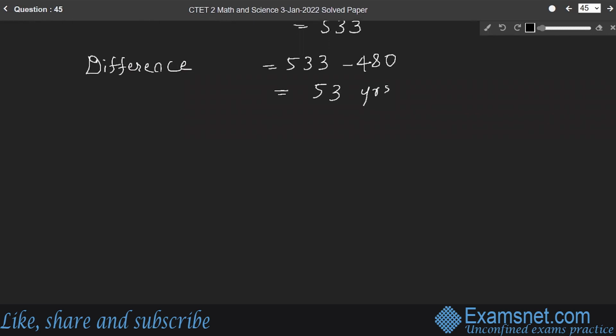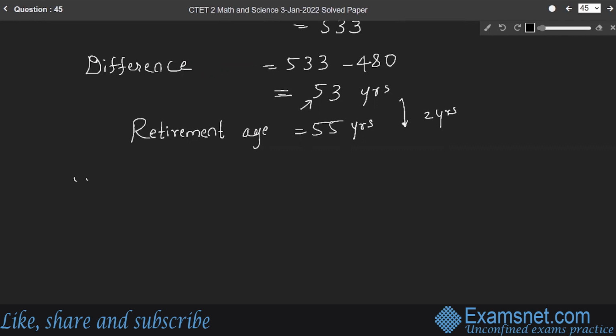So this difference gives the present age of the teacher. Therefore, given that the retirement age of the teacher is 55 years, he will retire after 2 years because the difference is 2 years here. The present age of the teacher is 53 years, right?